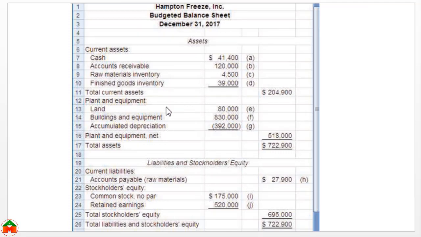If you prepare your budget in an Excel sheet, then if there is any necessity to change any amount, because all the amounts are estimated amounts, you can change it in any place.